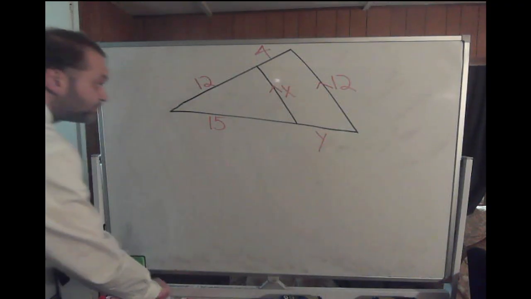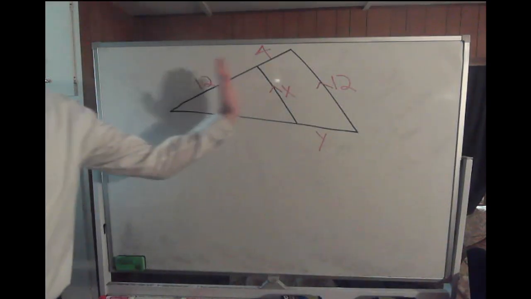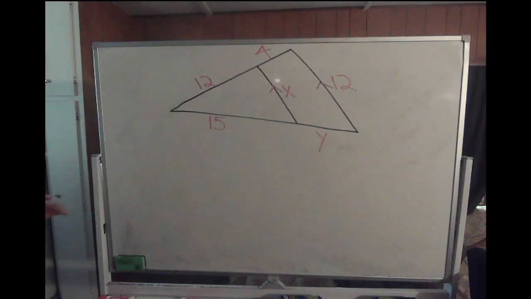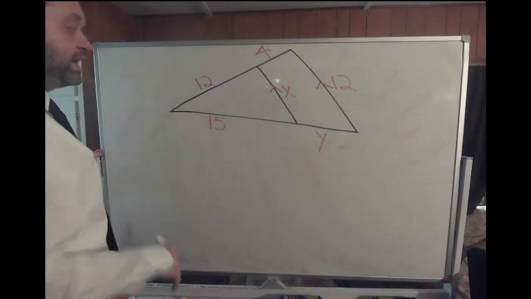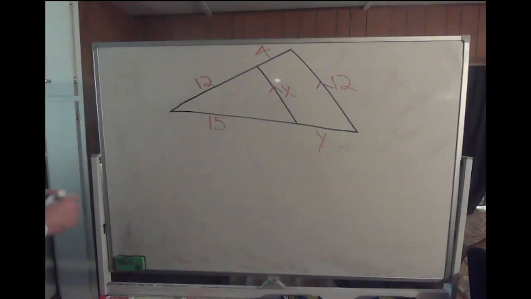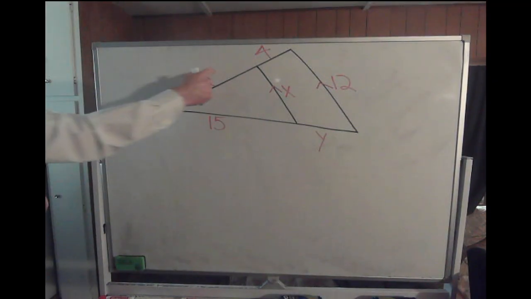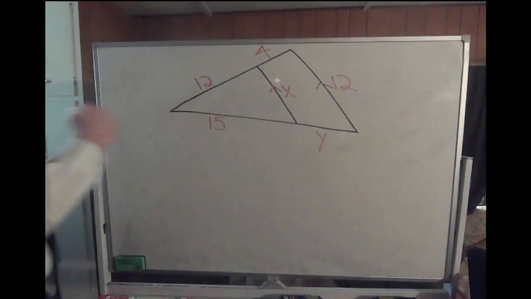Well, what we have here is a smaller triangle inside of a whole big triangle. They are similar triangles, of course, but we have to compare the scale factor of the smaller triangle to the whole triangle that it's inside of. Well, let's start with something here. The only place we have both numbers is on this side here, right?